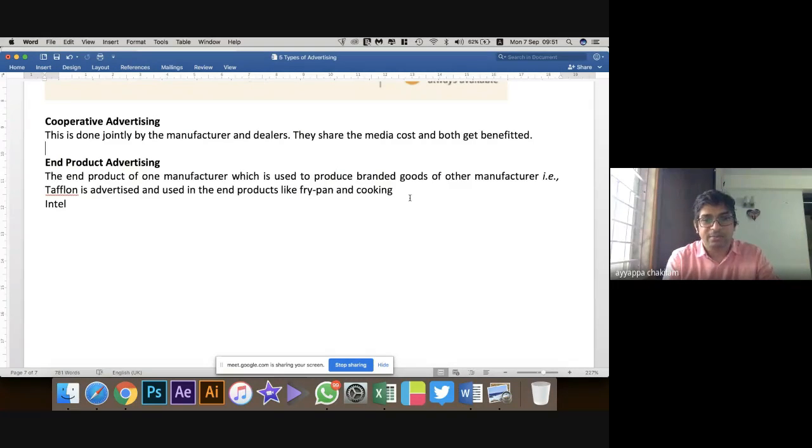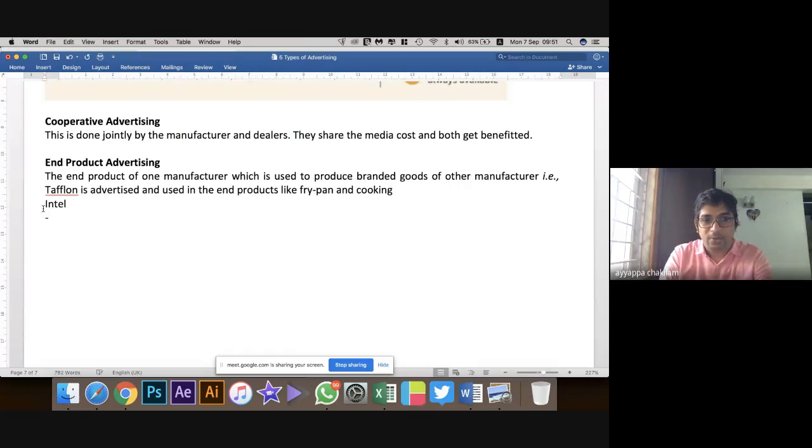End product advertising: the end product of one manufacturer is used to produce branded goods of another manufacturer. For example, Teflon is advertised and used in end products like fry pans and cookware, where Teflon is a non-stick coating. It's a brand, but it's used again to sell fry pans and non-stick cookware. Another example is Intel.